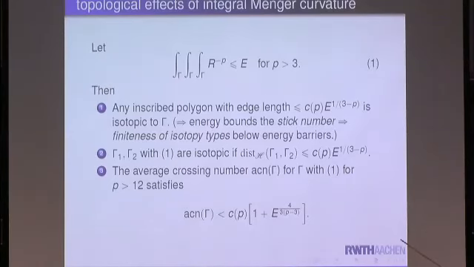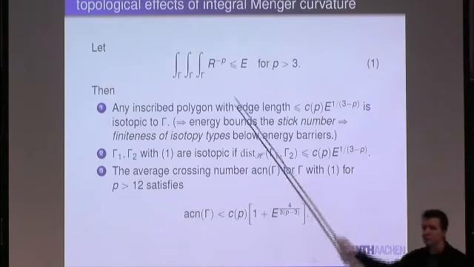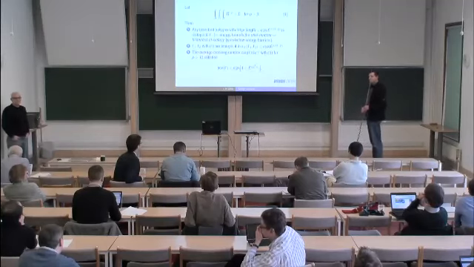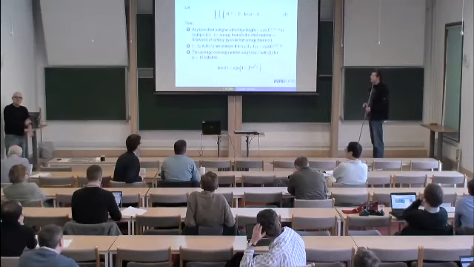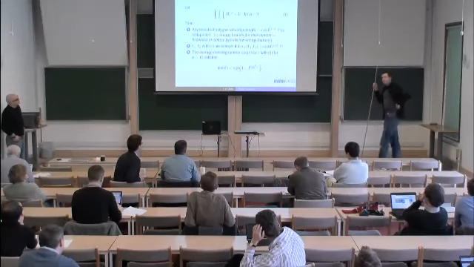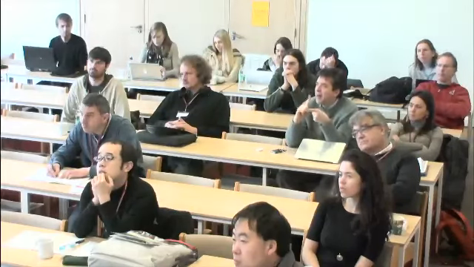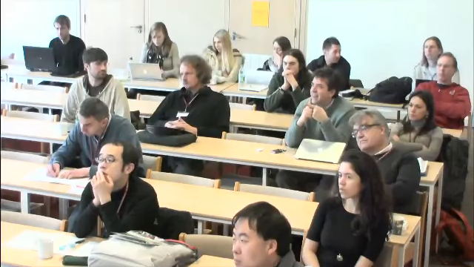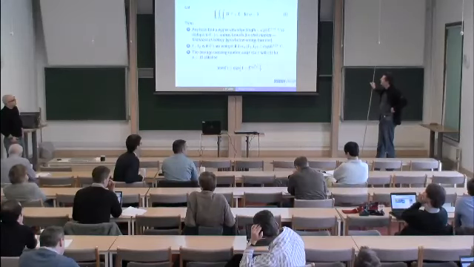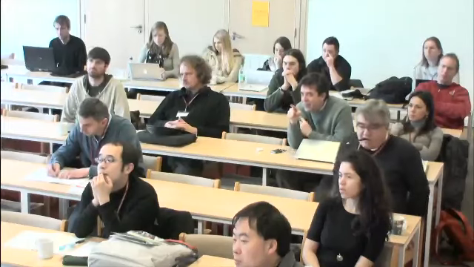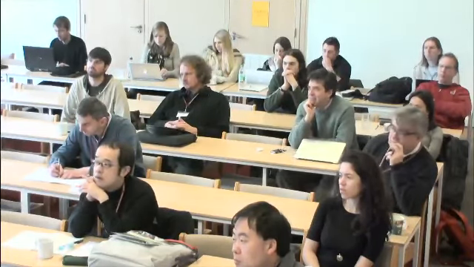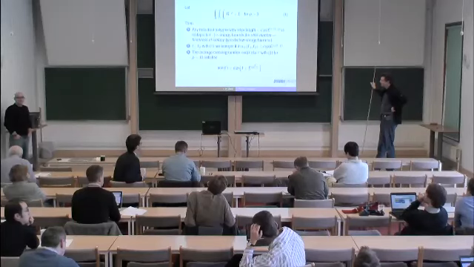This is the point. So you have to take this to the power 1 over p to really have that convergence. But then you get this 4/3. And if you took your stick number bound at the top and just said average crossing number of any polygon is certainly bounded by the square of the stick number, you get something that's valid for smaller p, but you'd have the constant 2 instead of 4/3. Yeah, maybe that's a good idea. I should look at this. Yeah, thanks.